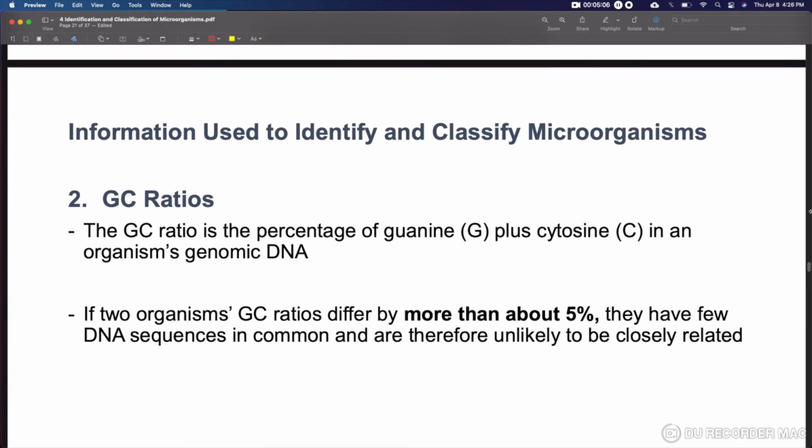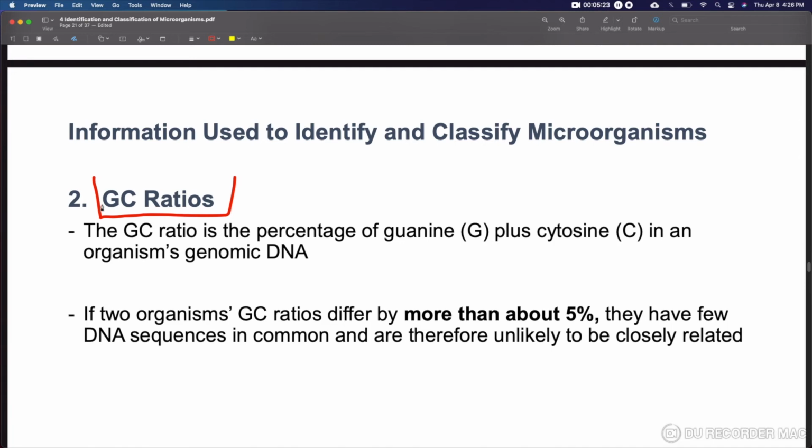Next is the GC ratios. As you remember from the Chargaff rules, A to T, G to C, there's always this certain base pairing that is always being followed.